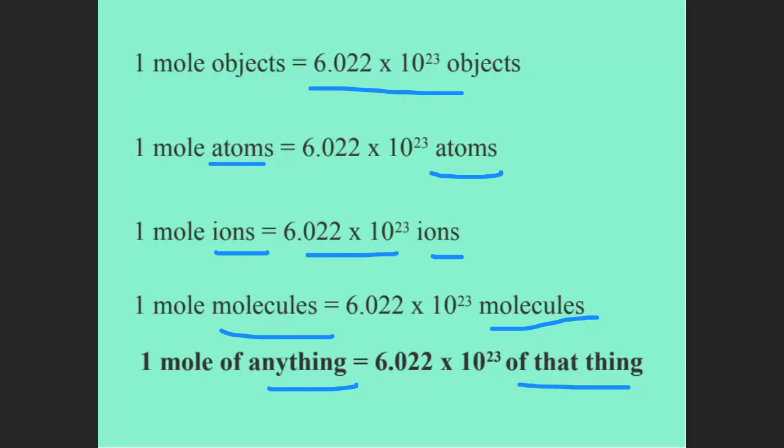Second thing, now if I ask you about 1 mole of molecules, and here, not molecules, if we say atom, then will it be the same? The number of this Avogadro number will be the same. 1 mole object, this amount of objects. 1 mole atom, this number of atoms. 1 mole ion, this number of ions. 1 mole molecules, this number of molecules.